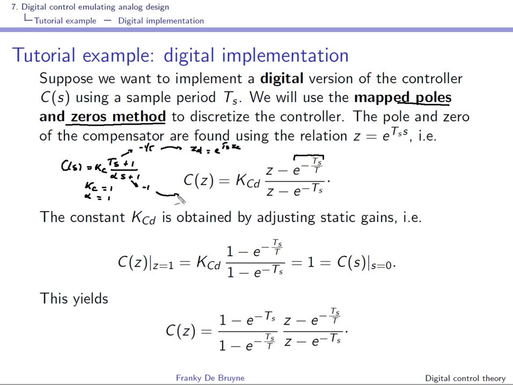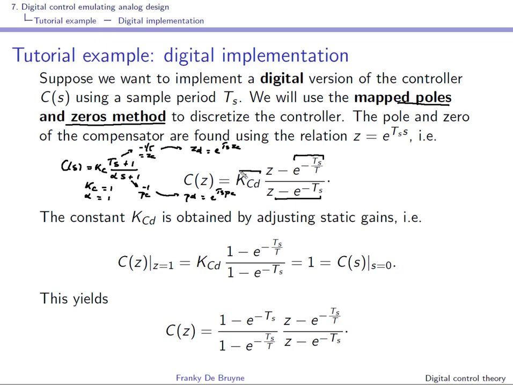The discrete pole will be the exponential of Ts times the continuous pole. Remember that this is the continuous pole and this is equal to the continuous zero, and this will result in a pole at the exponential of minus Ts.